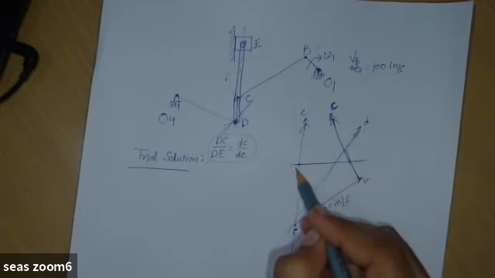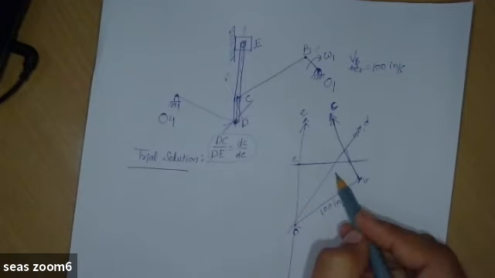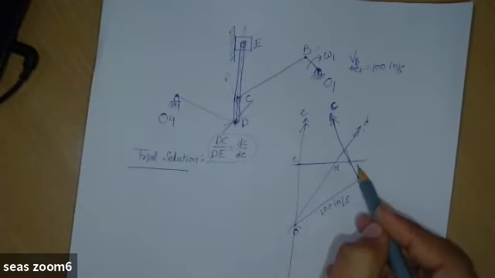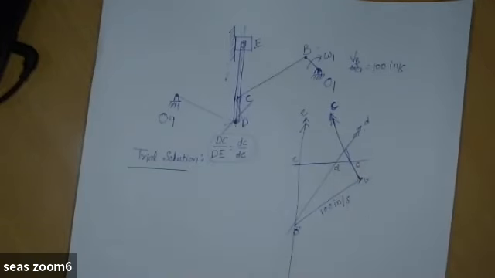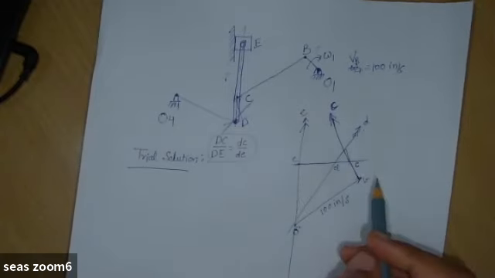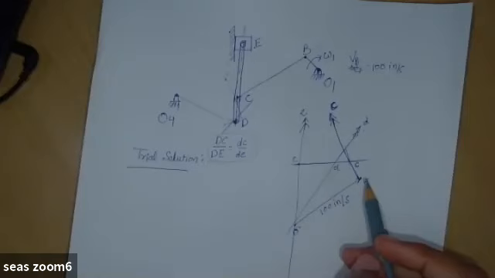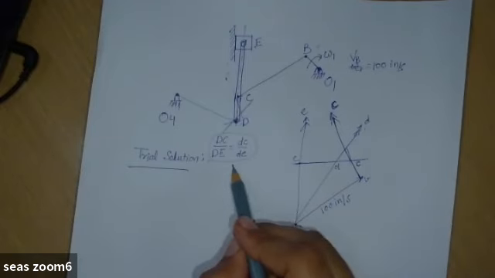This is any arbitrary dimension such that E comes here, D comes here, and C comes here. Okay. Then we should check whether this proportion is maintained or not.